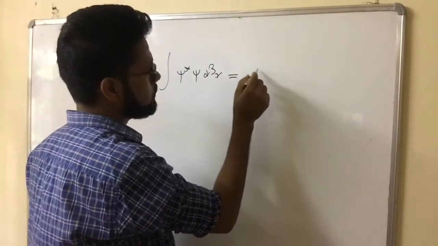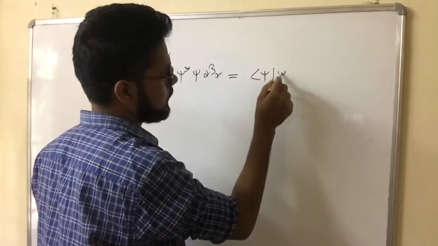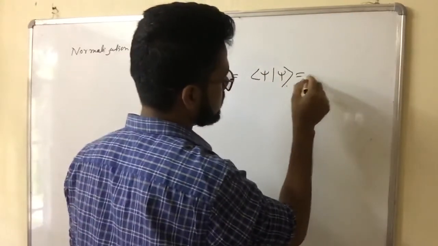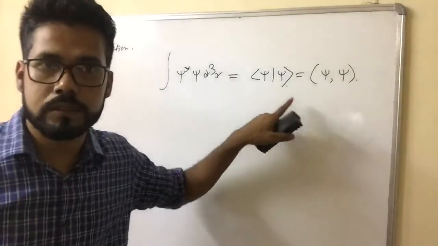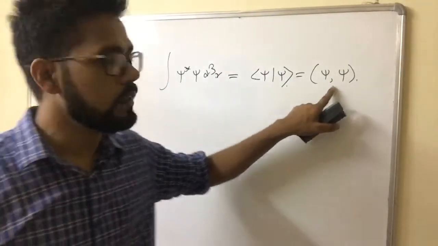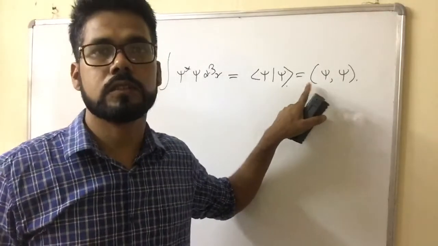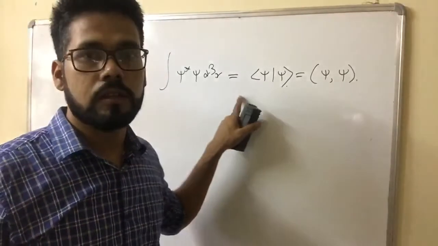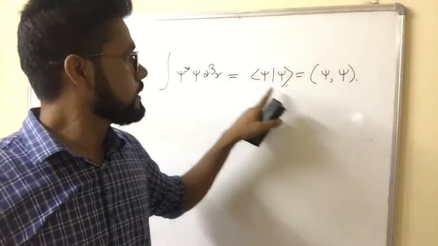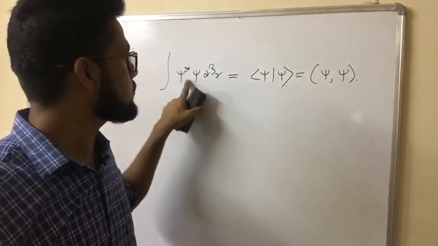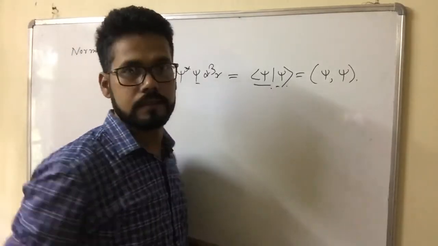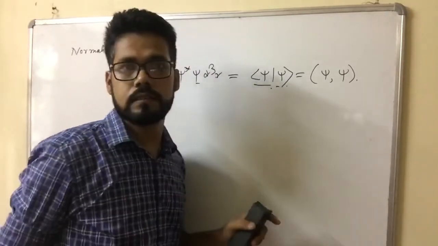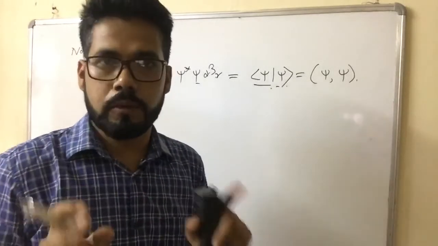It is equal to psi star psi, and this is represented as psi comma psi, and this is called the norm of the wave vector phi. Sometimes it is called the norm, and sometimes it is called the normalization condition. This phi star is represented by this part, phi is represented by this part, and this is nothing but an integration.